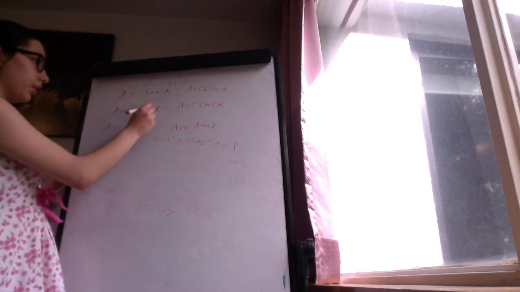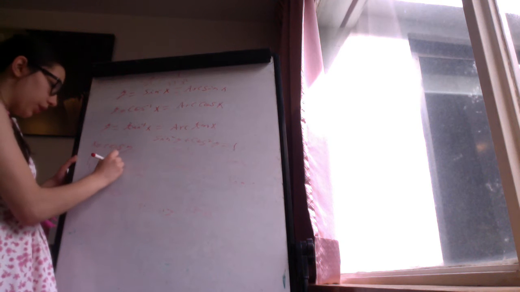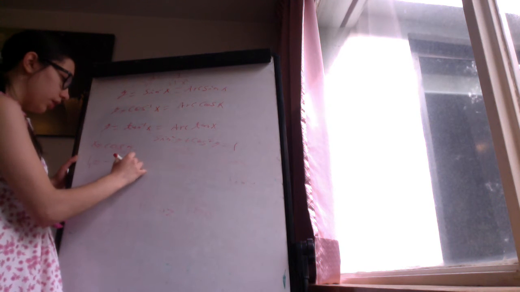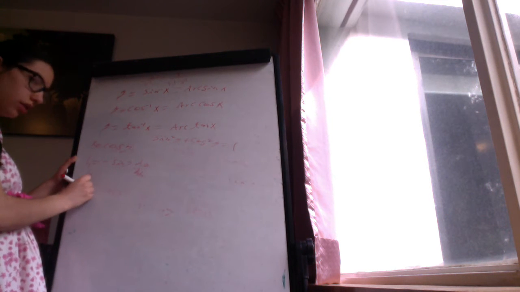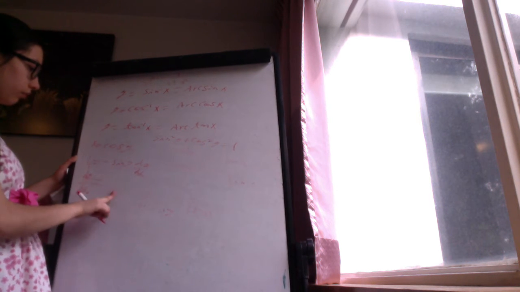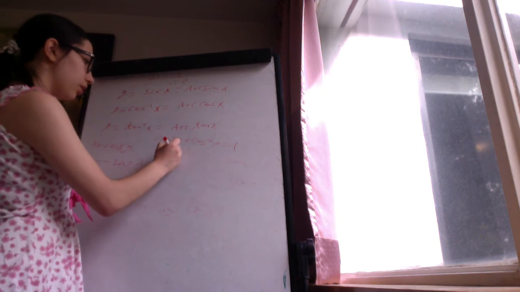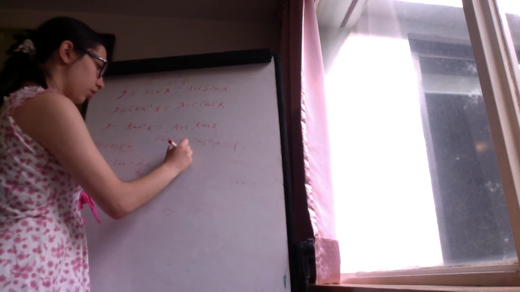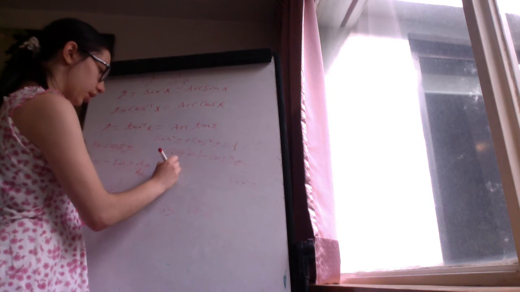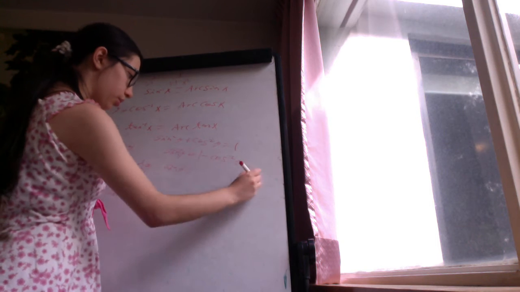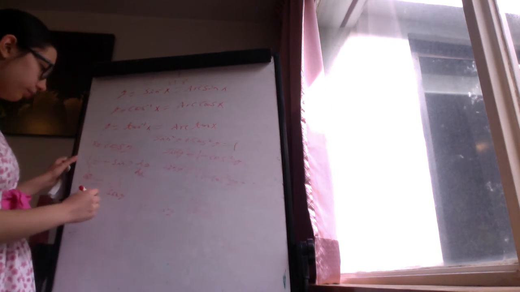Now for cosine, we have x is equal to cosine y, and 1 is equal to minus sine y dy dx. Again, dy dx is equal to minus 1 divided by sine y. Here we have sine squared of y is equal to 1 minus cosine squared of y. So sine y is equal to the square root of 1 minus cosine squared of y.